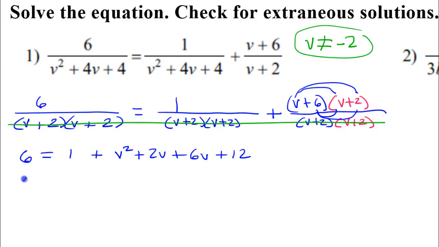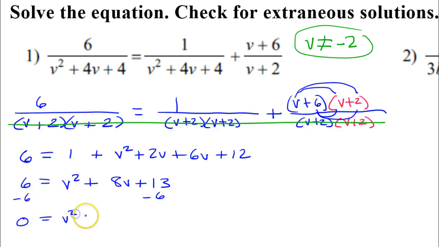Like terms, I've got v squared plus 8v, putting these together. And then I have 12 and I have 1, so that'll be 13. Now I'm going to subtract that 6 from both sides, get 0 over here. So that's v squared plus 8v plus 7.